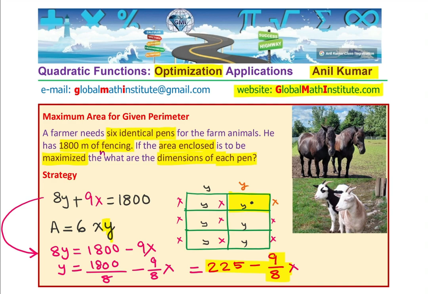So since we are only looking at each pen, we need not use 6 times. Only x times y is enough. Perfect. So it is important to understand. That is why we highlighted only one of these pens, right? So I hope the strategy is absolutely clear. Substitute the value of y in area equals x times y, and then find the maximum, right?